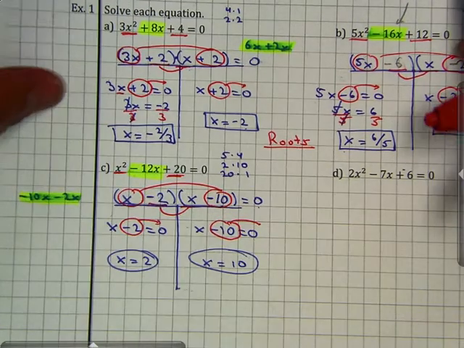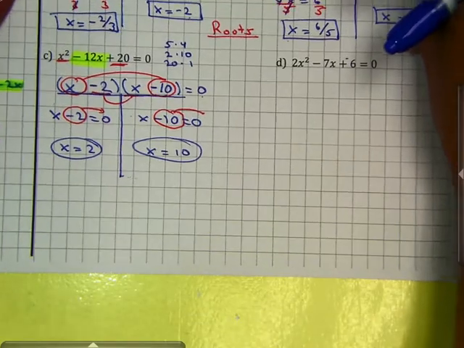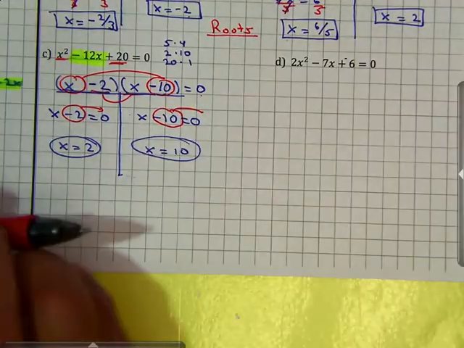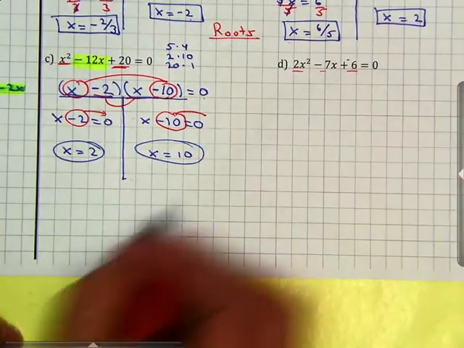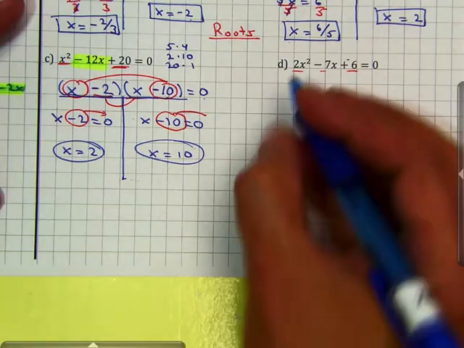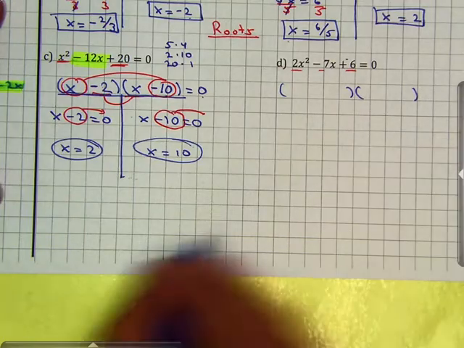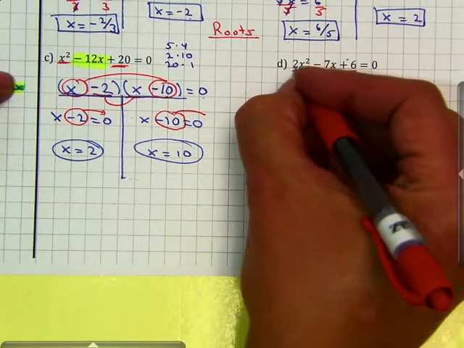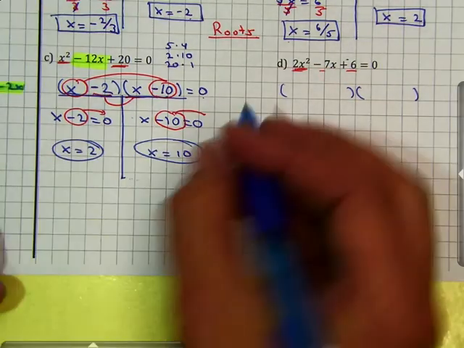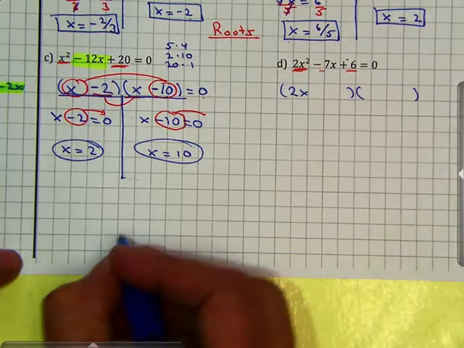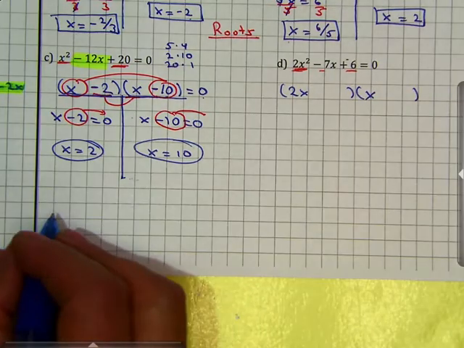Excellent. So let's see. I have a trinomial, 1, 2, 3. So therefore I need to use my double parenthesis. What are the factors of 2x squared? That'll be 2x times x.